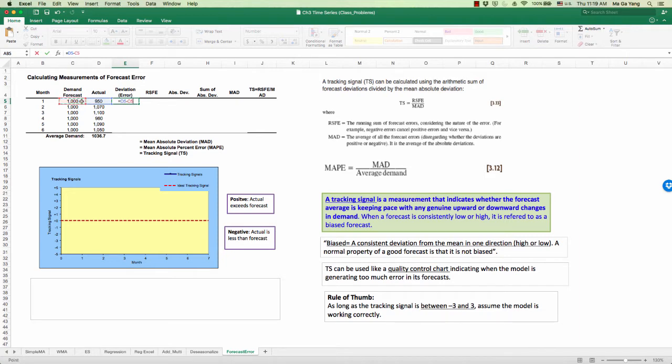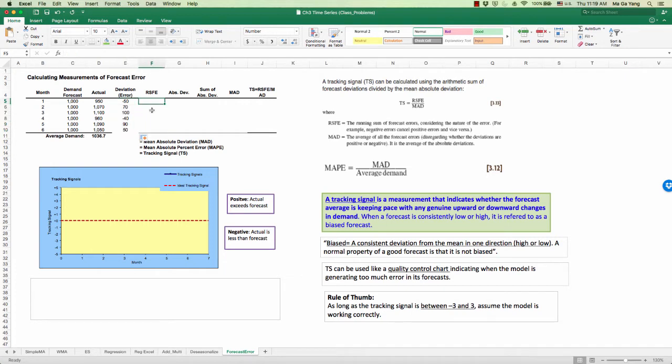So compared to your forecast, how is your actual demand deviated from it? A negative value means your actual demand is less than your forecasted demand, and positive means your actual demand is greater than your forecasted demand.